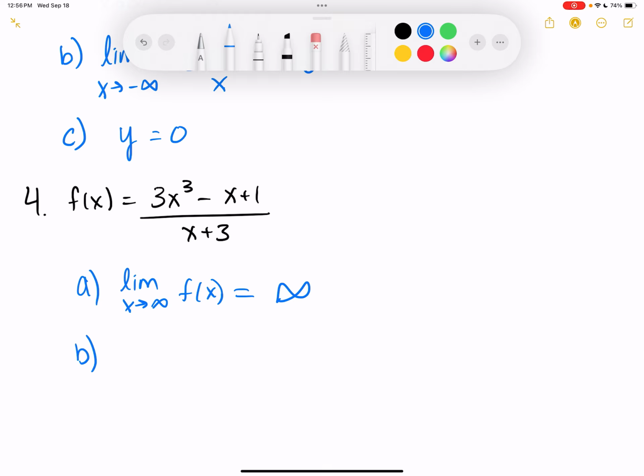The limit as x goes to negative infinity of f of x. So what happens if I plug a negative number in? It's getting smaller. It's getting big in the negative direction. What happens if I plug in a really big negative number on top? It stays negative.